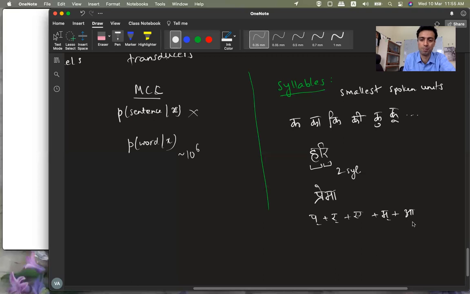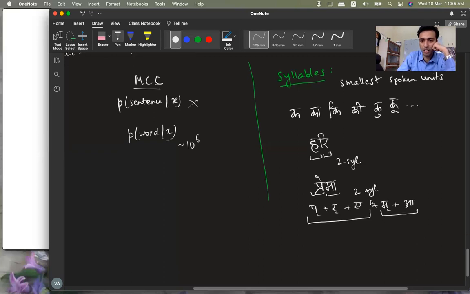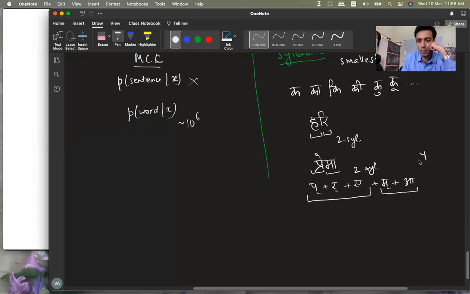Prema has 2 syllables. Whenever there is a half, it is also absorbed within that, so this whole thing becomes 1 syllable. I just refrain from prema because people generally say prem. So it is 1 syllable only, because this last ma also gets absorbed in this cluster, prem. It's ma halant, not a complete ma, it's an adha ma.